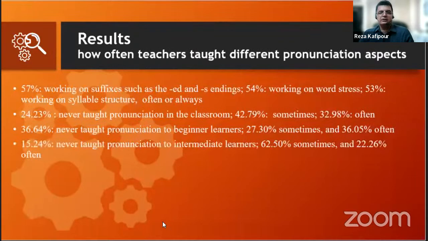In the next part, 15% never taught pronunciation to intermediate level, 62% sometimes, and 22% often taught pronunciation to intermediate level. So as you see, based on the proficiency level of the learners, the preference of the teacher in teaching pronunciation actually changed here.